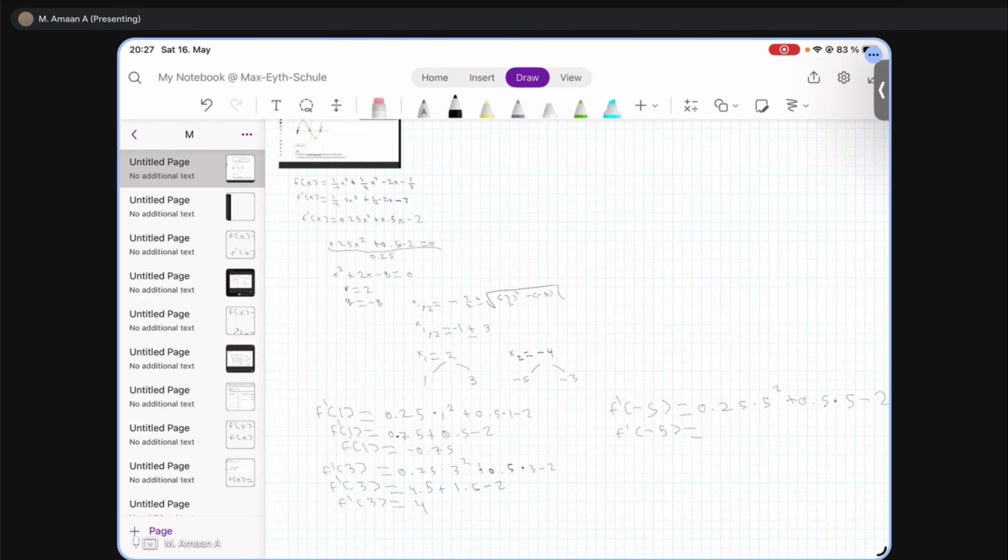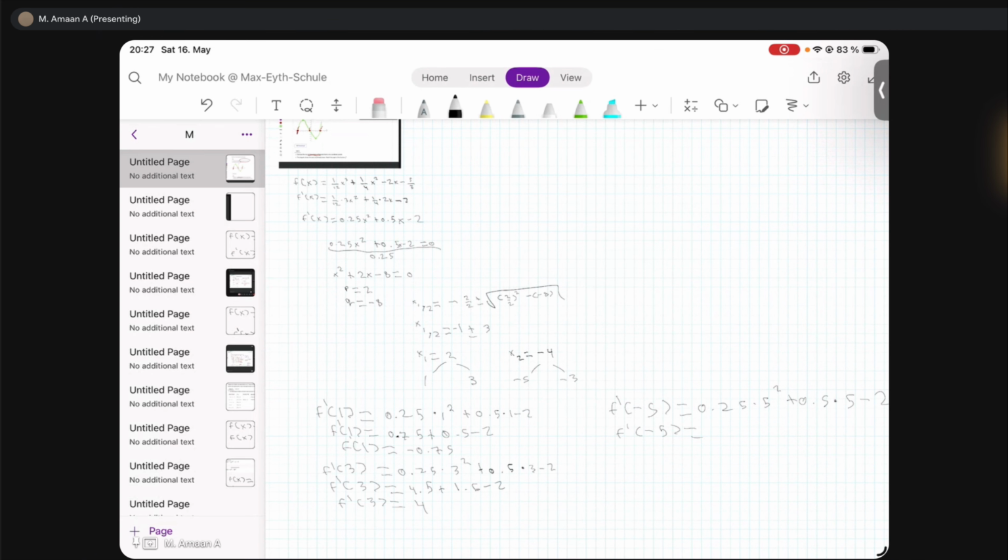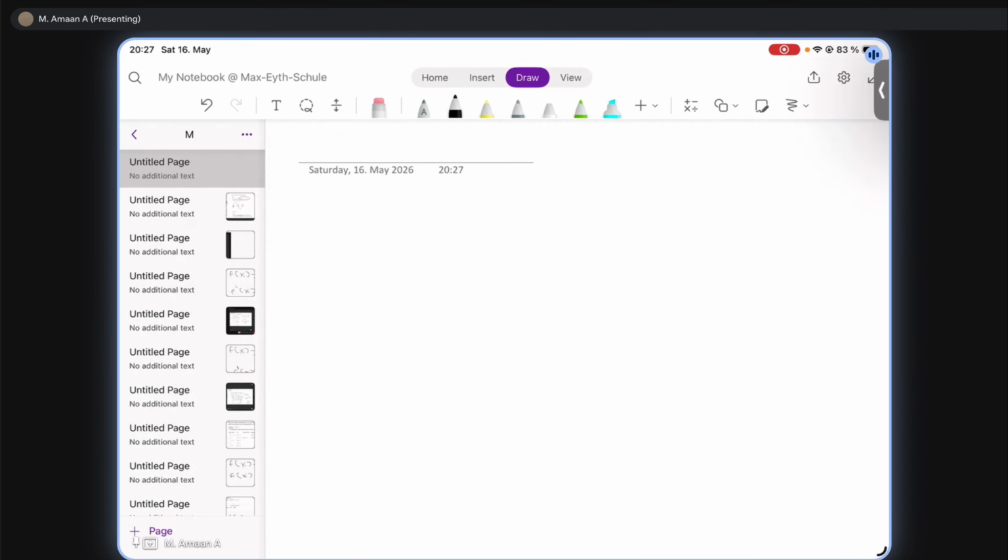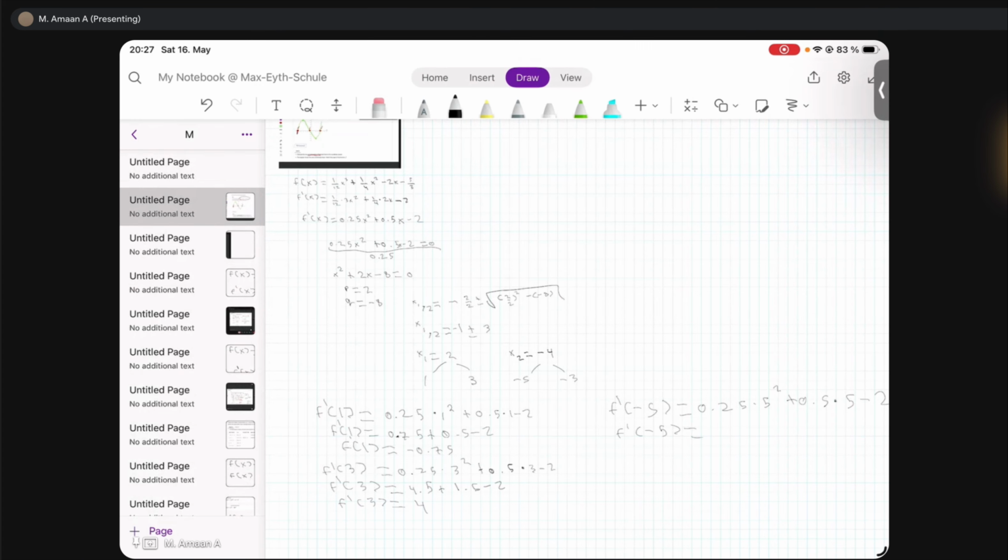No way. Not left maximum and right minimum. Left is negative and right is positive. You have to say this way, because on the left side you got a negative answer, on the right side you got positive. So negative to positive.